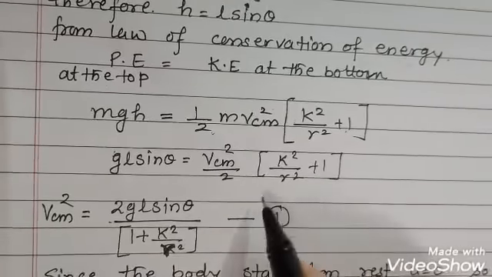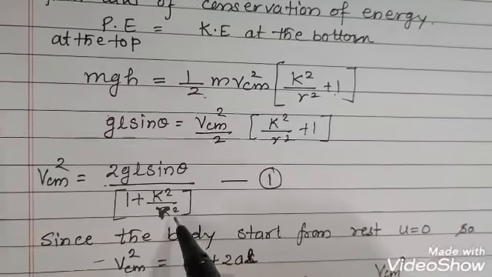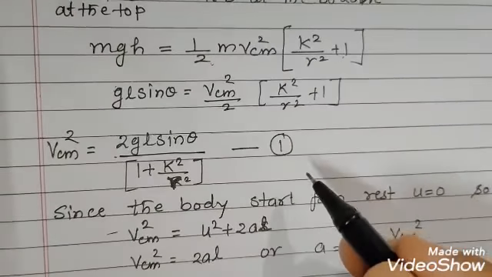Whether you write k square upon r square plus 1 or 1 plus k square upon r square, there is no difference.